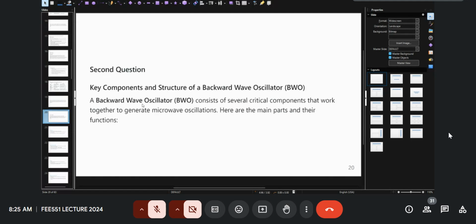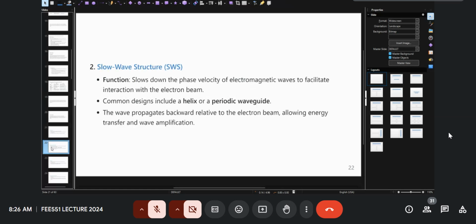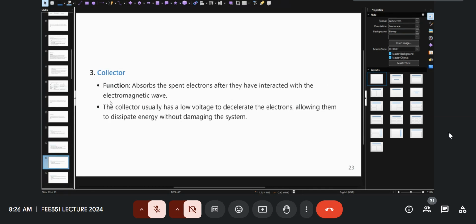The second question asks about the key components and structure of a BWO. Here are the main parts. It has the electron gun, which is used to generate the electron beam, and it also contains the slow wave structure and the collector.